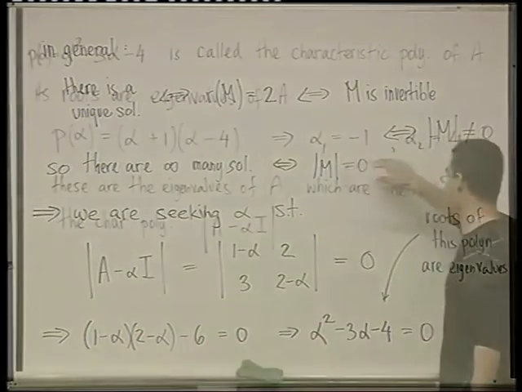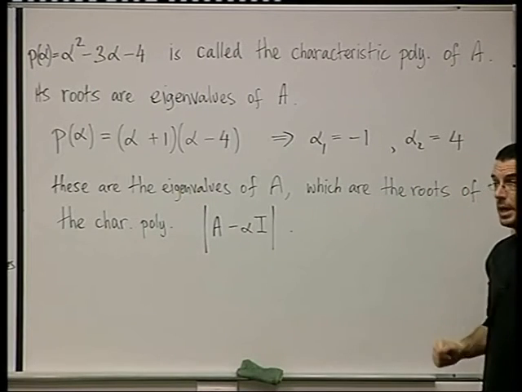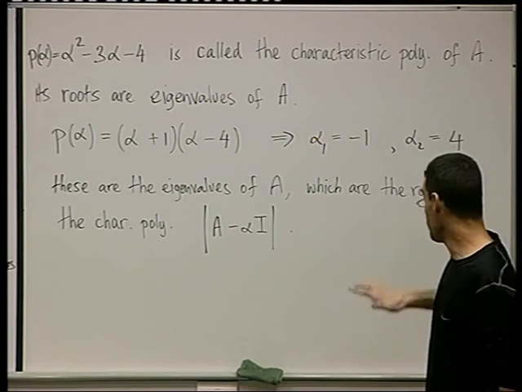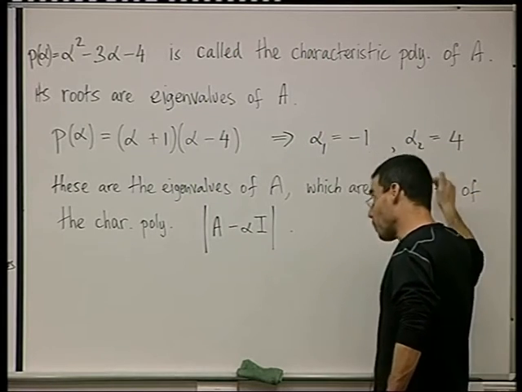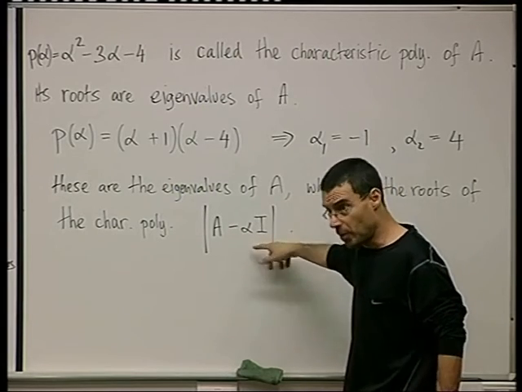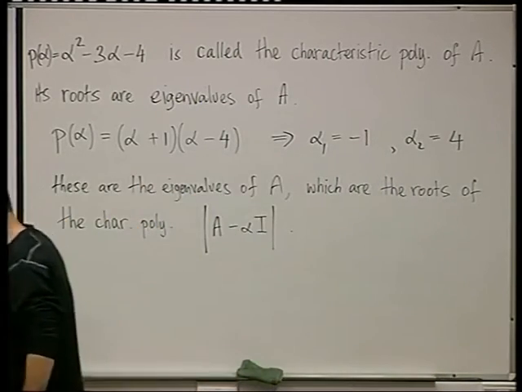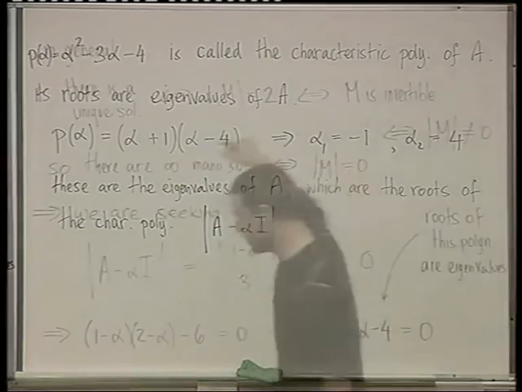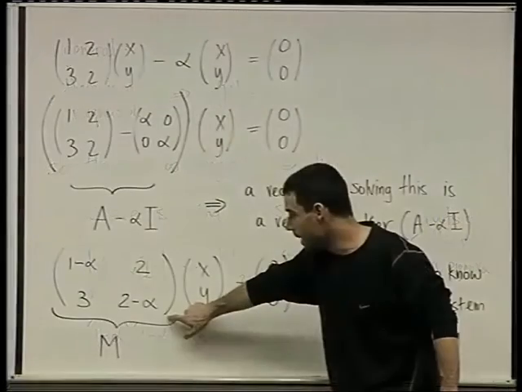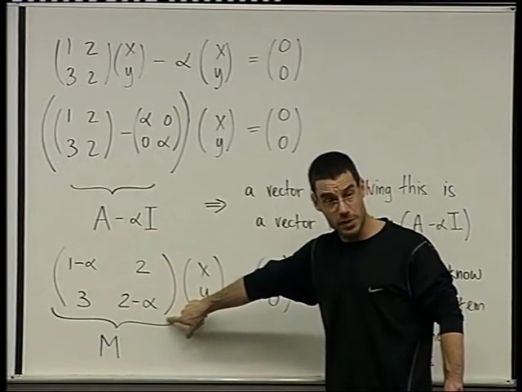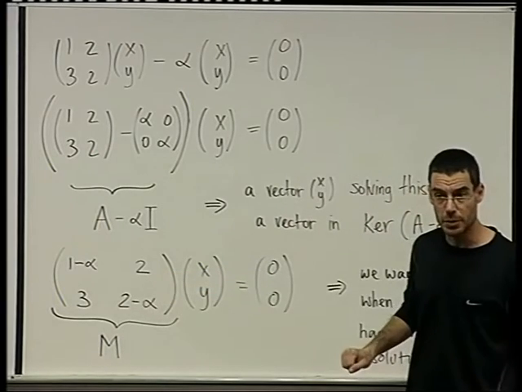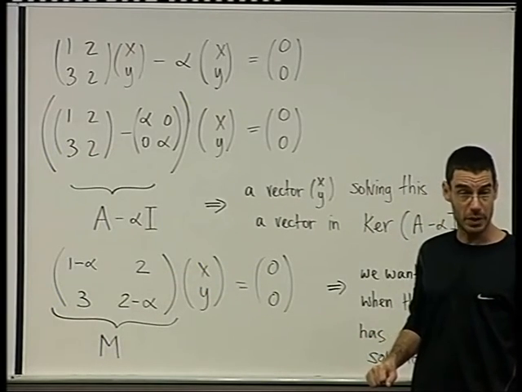We found the eigenvalues. Now what do we need to find? The eigenvectors. So far we found the alphas for which this is going to be 0. Therefore, looking at the previous board, I've found the values for which the determinant of this matrix is 0, which is the same as saying this system has infinitely many solutions, and in particular, non-trivial ones.